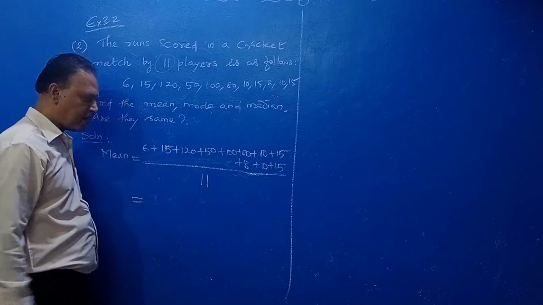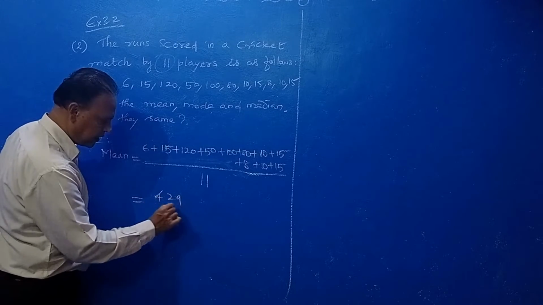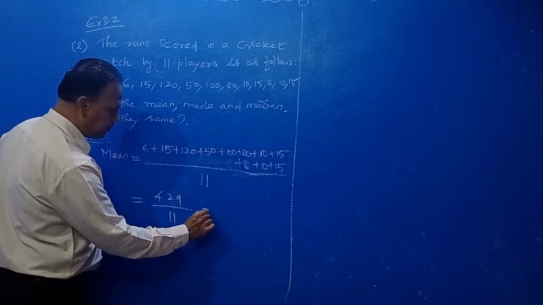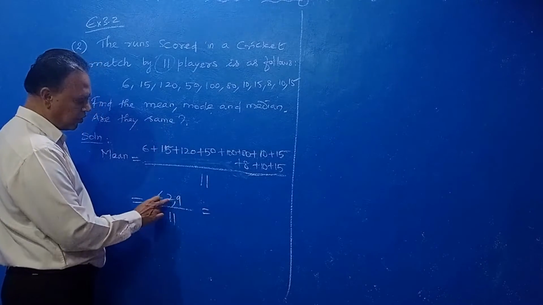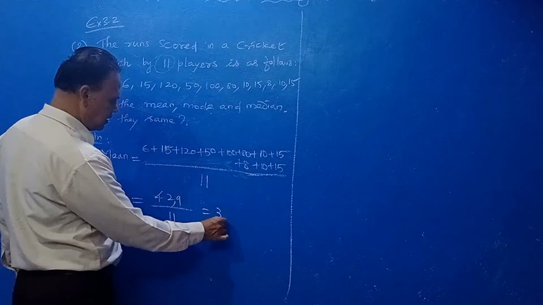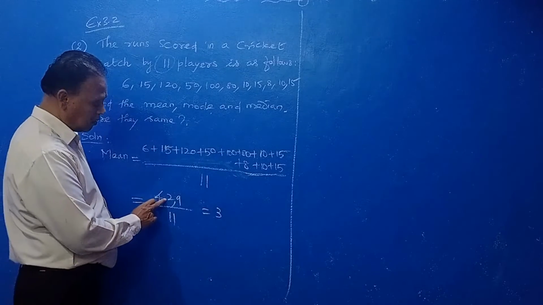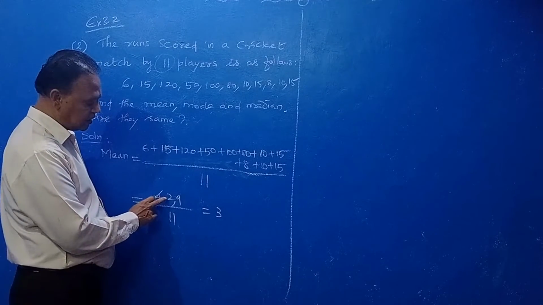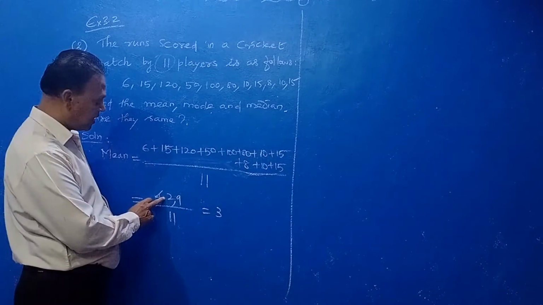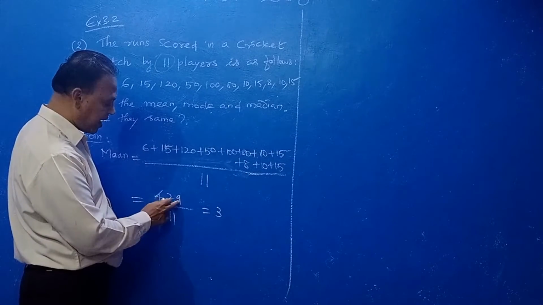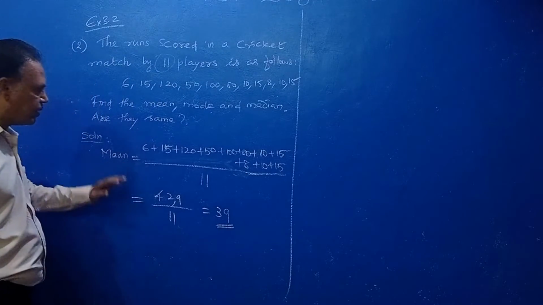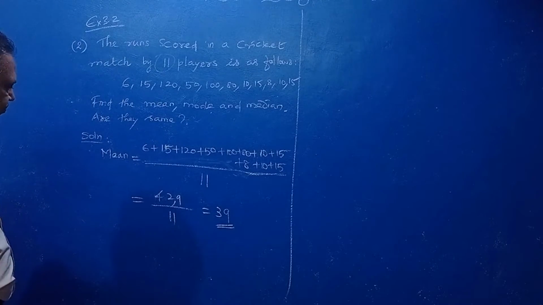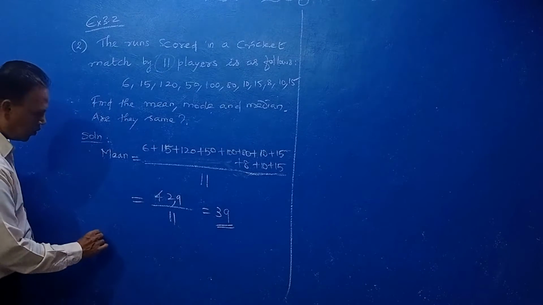Then you add, we are getting 429. Divided by 11. How many times will it go? 42, you take. How many 11s there? 3 there are. 33. That means what is the remainder? 9. Therefore 99. 99 means 9 times will go. So 39 is the mean. Clear?